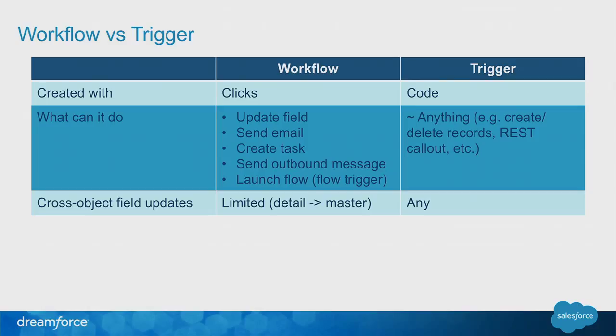Yeah, I can do this with a workflow, but I'll have to do 50 workflows to make this business process work, 50. Or I could do that in 2 lines of Apex code, which is easier to maintain at that point. 50 workflow rules, which take up my workflow governor limit, or 2 lines of Apex code. So that's why I say it's not the Bible in terms of clicks, not code. Sometimes there are trade-offs in terms of maintainability and simplicity, but in general, that's what you want to try to do with clicks, not code. But when you want to do code, you can pretty much do anything, which is awesome.